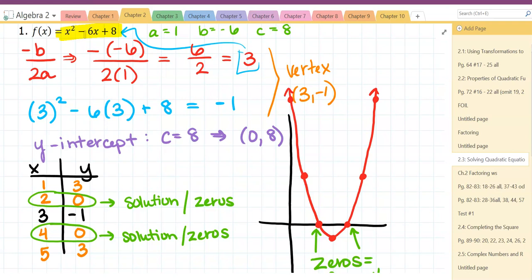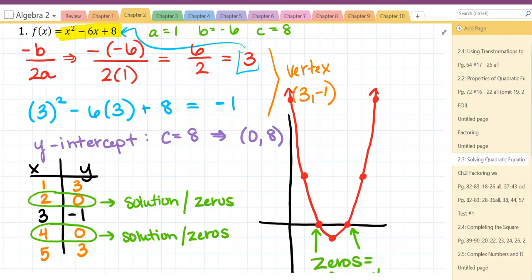Then if I set those equal to 0, x minus 4 equals 0, x minus 2 equals 0, I would add 4, add 2. So I get +2 and +4, which is what I have here on the graph. So it all ties together. You could factor it to find those solutions as well. There are going to be some cases, though, where that factoring doesn't work as nicely, and so sometimes it's better to graph. But if you could factor it, you could easily check your answers that way.